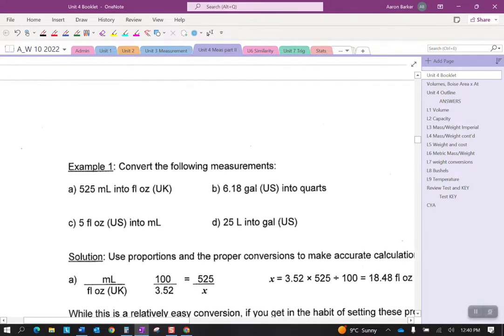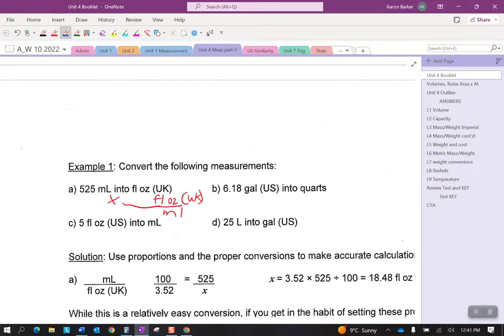So write down 525 milliliters times, what's your conversion factor? What has to go on top? Fluid ounces, and it's UK. What goes on the bottom? Milliliters. Okay. Why does fluid ounces go on top? That's the one you want to find.